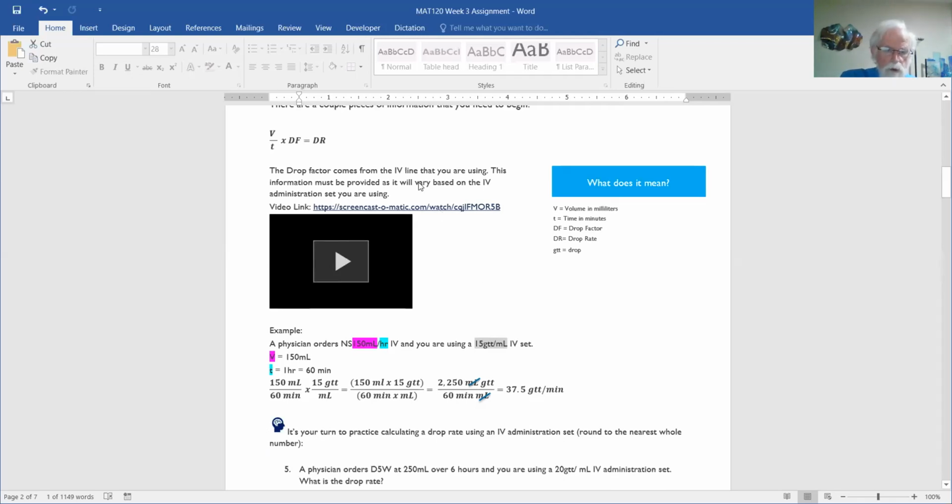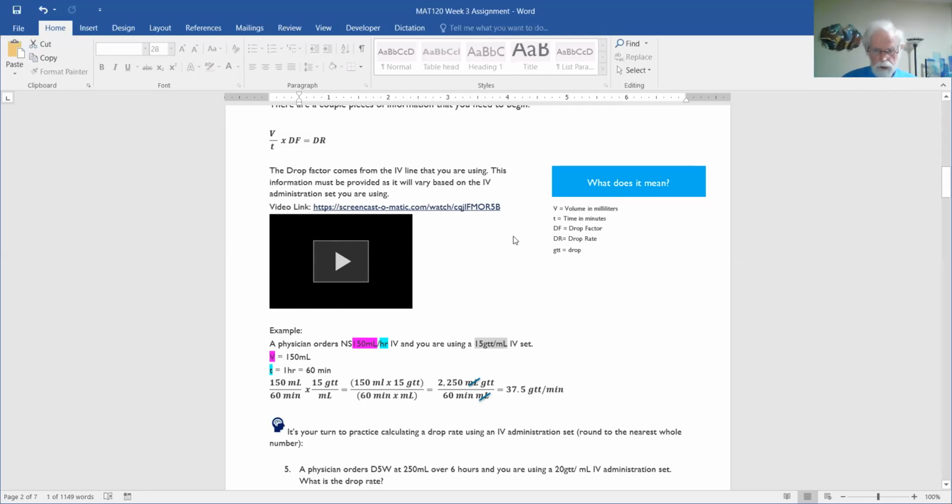So here we have this drop factor, which is the number of drops per milliliter, and there are four. There are two basic categories. One we call a macro apparatus. These are bigger drops. These include 10 drops per milliliter, 15, and 20.